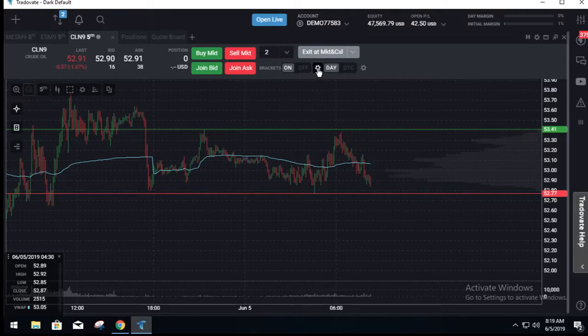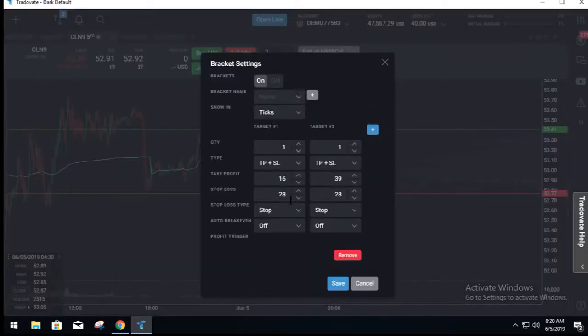To set up these brackets for oil, we're going for 1 to 1 and 2 to 1.